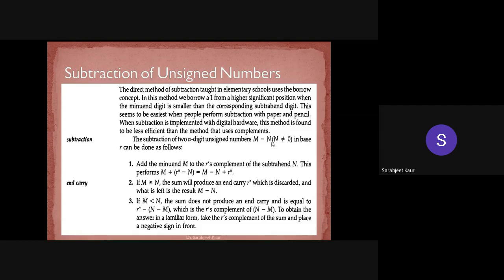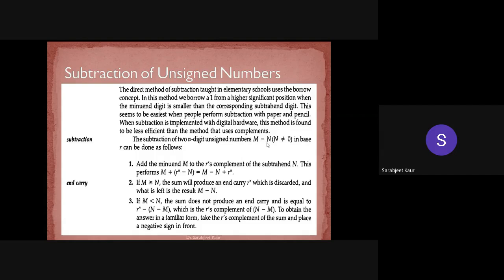And what do we have to do? We simply discard the end carry. The remaining number will be our result of m minus n.